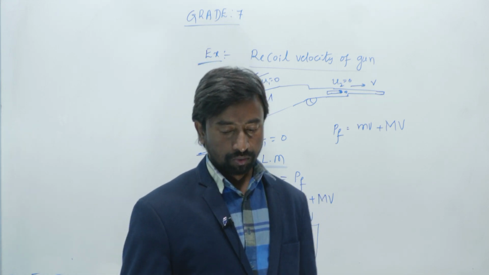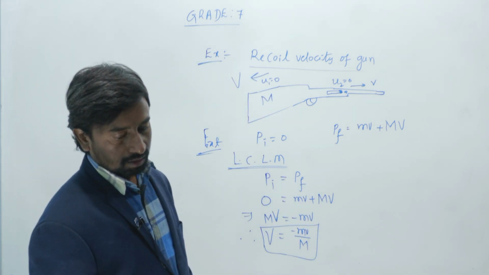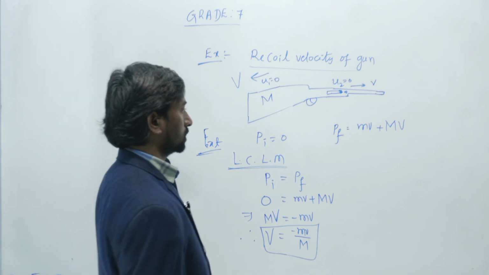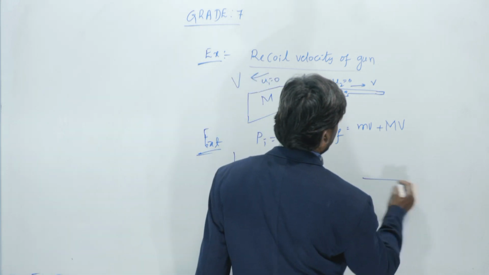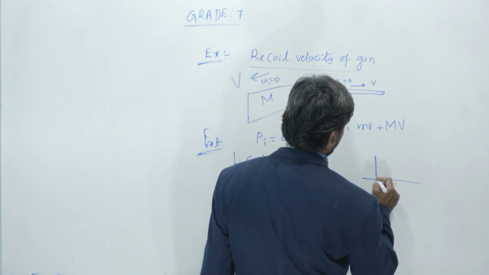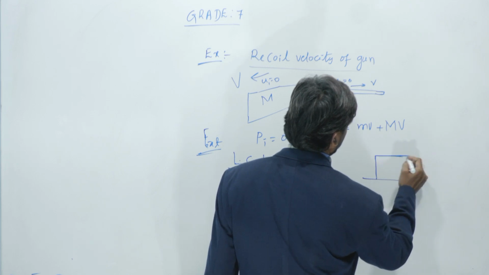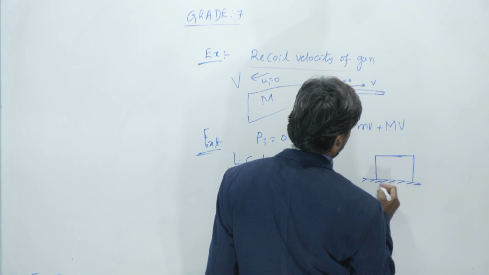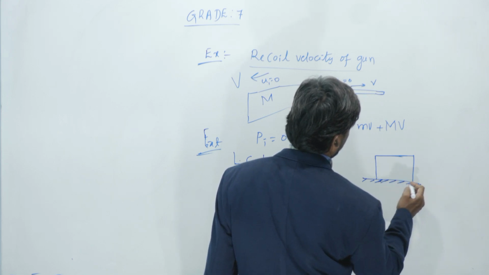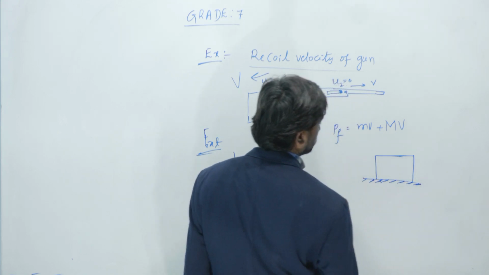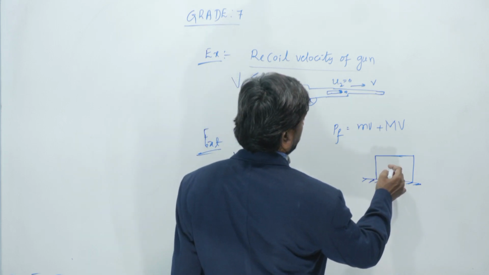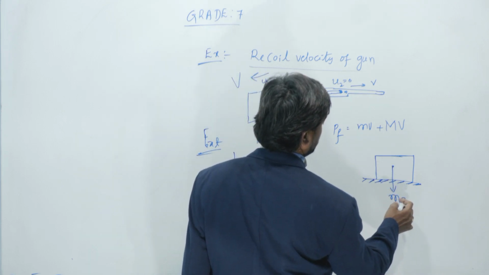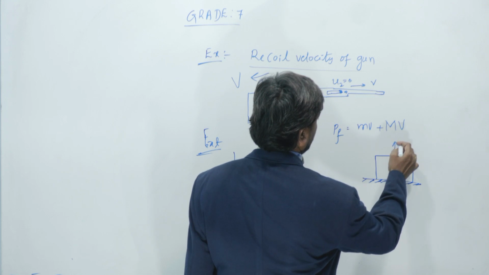Okay. So we can see here, suppose an object is placed on the floor. The weight of the body acts in the downward direction, mg, and opposite to this the normal reaction takes place.